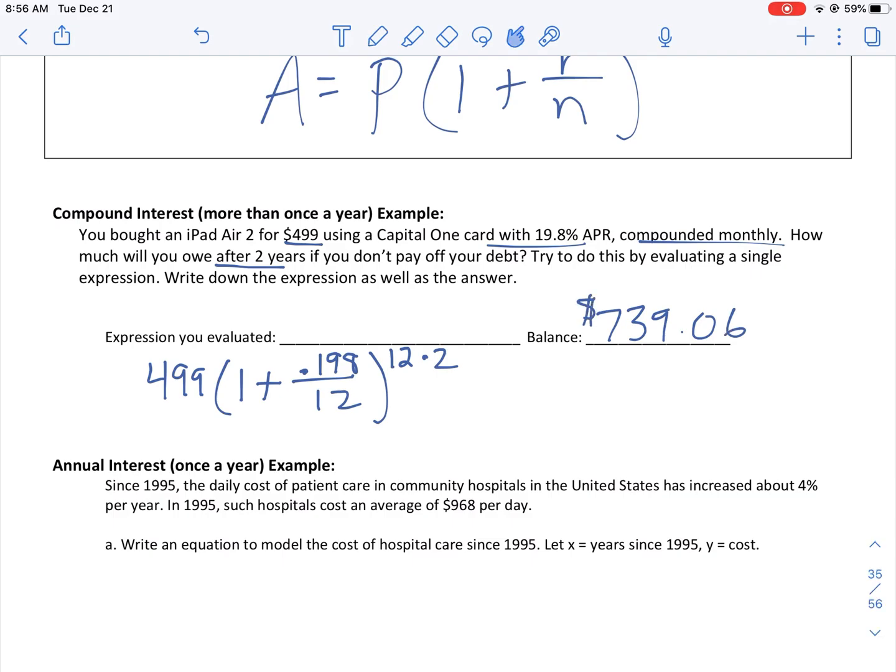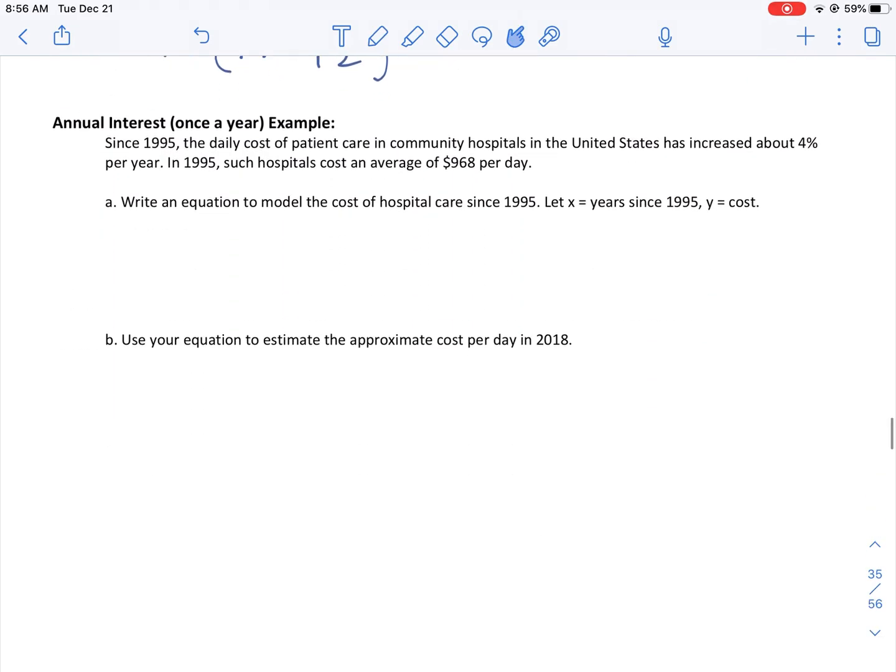So let's take a look at this next one. Since 1995, the daily patient care cost in hospitals in the United States has increased about 4% per year. In 1995, such hospital care cost an average of $968 per day. So how much did it start with?